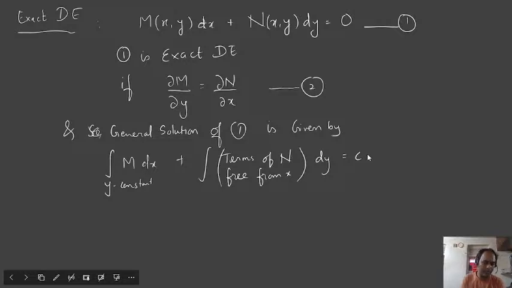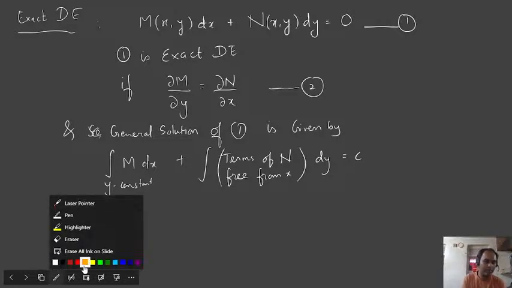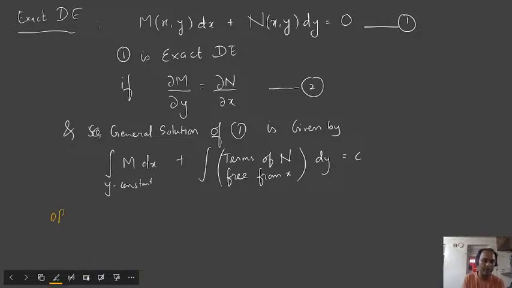This was one formula, and then we had an alternate version also: you can use the integration of the terms of M free from y, dx, plus the terms of N integrated with y, x constant.